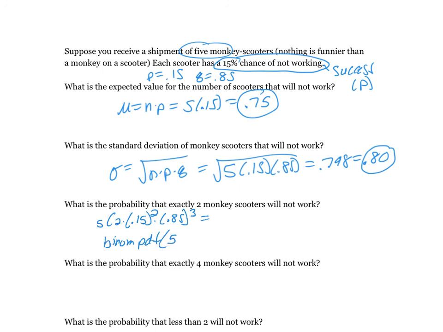And I would do 5 times the chance of it not working times the fact that I want 2 that won't work. And either way you do this, you will get the same answer, hopefully. So 5, .15, and 2. I get about 14% chance, which would be the same answer either way.